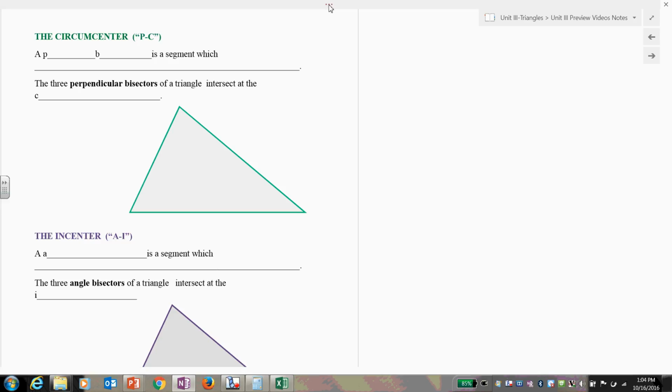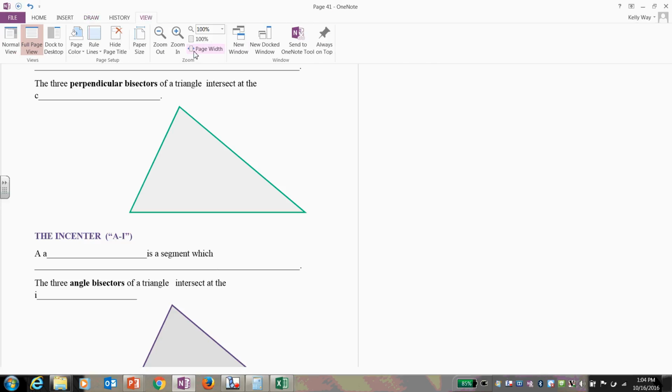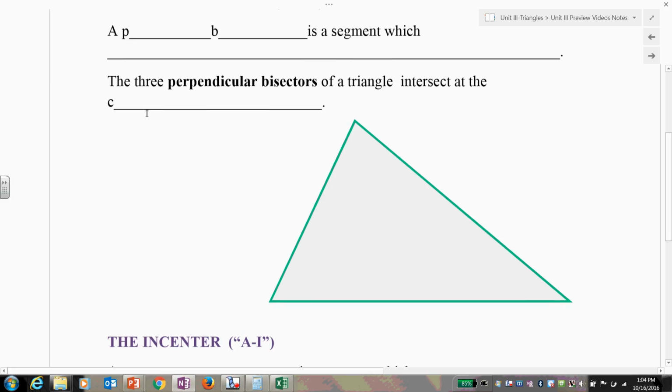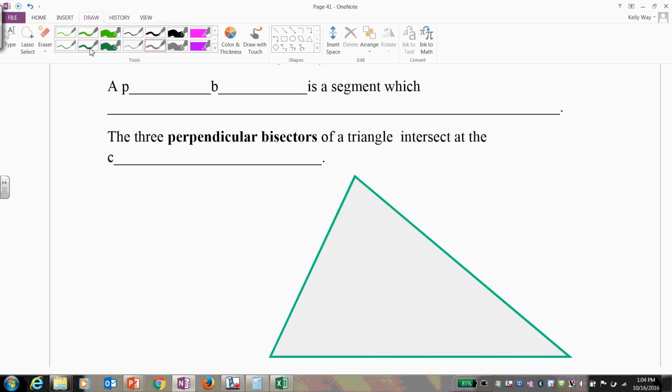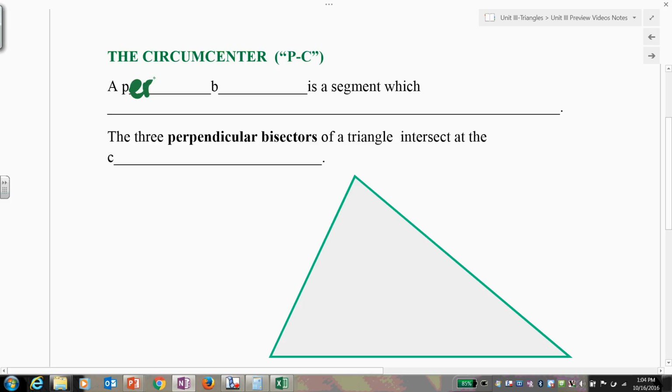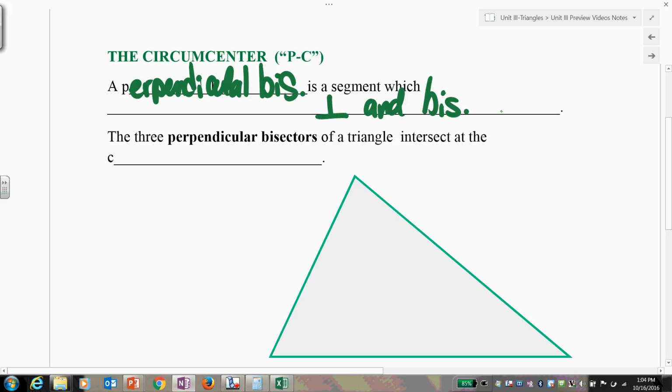The third one is called the perpendicular bisector. A perpendicular bisector is a segment which is both perpendicular and bisects a side.